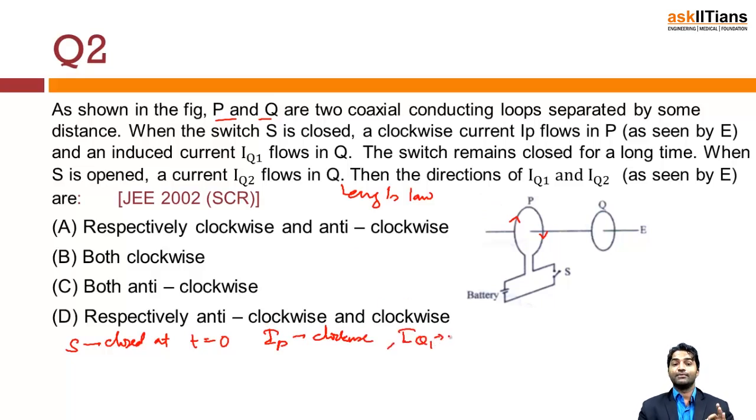According to Lenz's law, the current flowing in the secondary coil would oppose the cause due to which it is produced. Current IP causes magnetic lines of force, and the same lines also pass through the area of the secondary coil. The current would be opposite to the orientation of the primary, so it would be anti-clockwise.